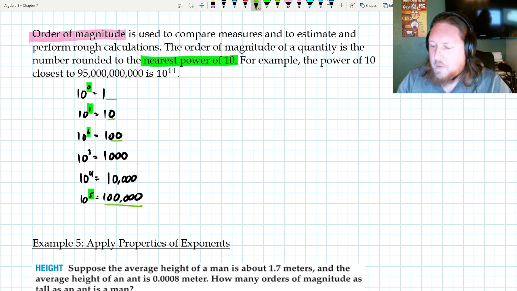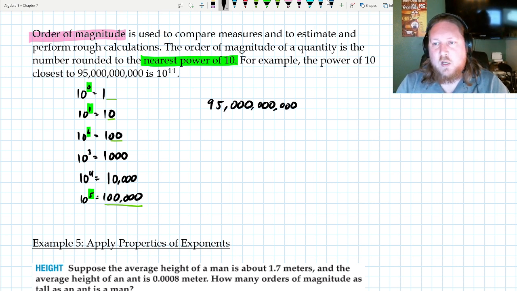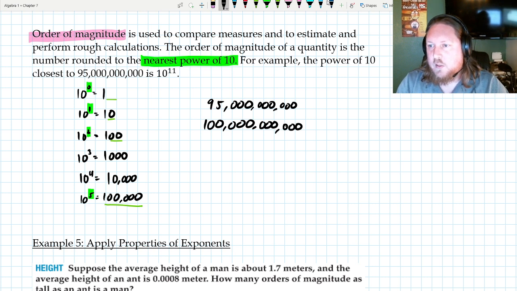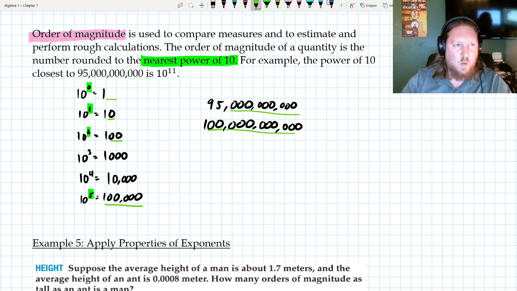That's important because when I have a big number like 95, 1, 2, 3, 4, 5, 6, 7, 8, 9, this is really close. 95 is really close to 100, right? I just stack all those extra zeros on there. So you can see I've got these zeros all matched up, but I added those two more zeros because 95 is basically 100. And that's the idea: I'm always just going to round up to the next power of 10.